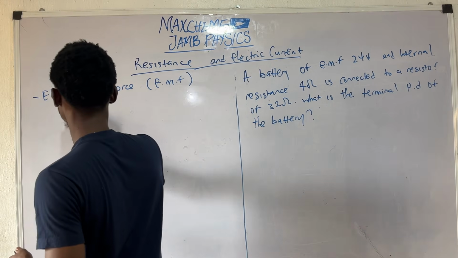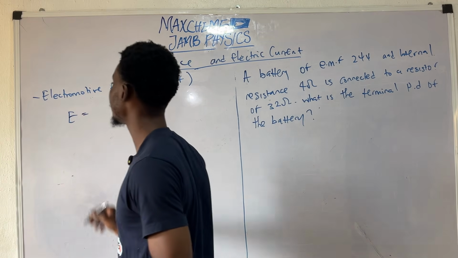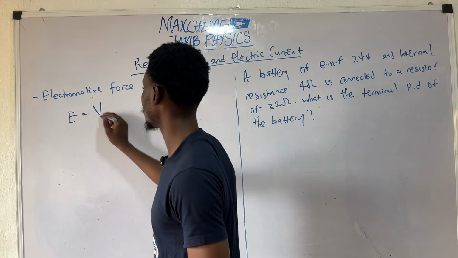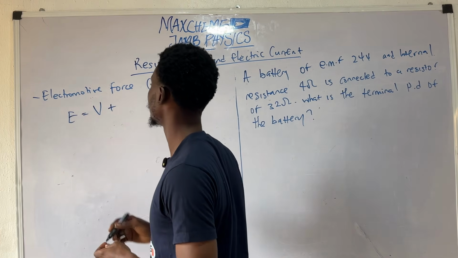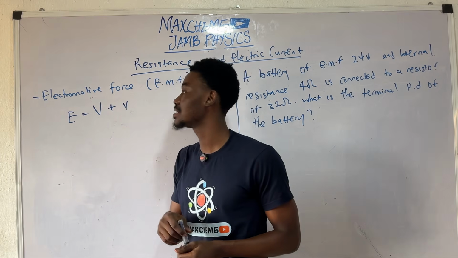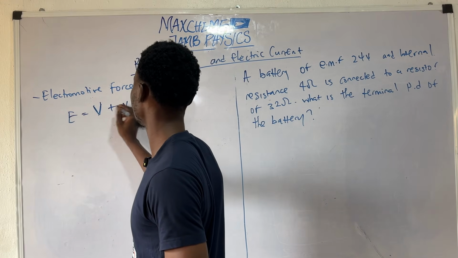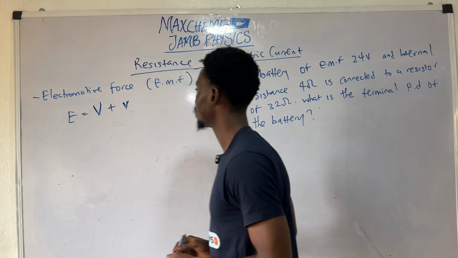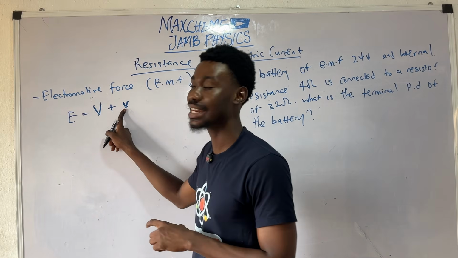So the EMF, or the electromotive force, is giving us the potential difference at the terminal plus the potential difference of the internal resistance. So the big V plus the smaller v. For the smaller v, we are referring to the current multiplied by the internal resistance.